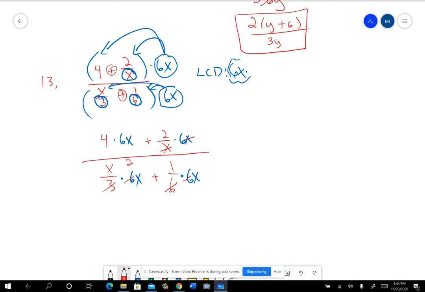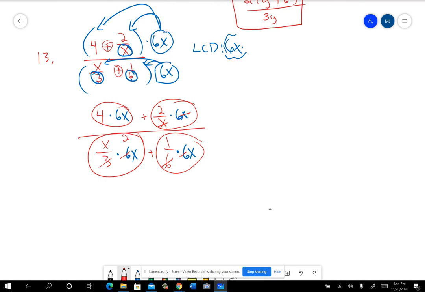Now what you got left is these 4 spots that are now going to be free of fractions. You got to be careful. 4 times 6x would be 24x. 2 times 6, that would be 12. Here the 6 is canceled. I have a 1 times x, which is x.